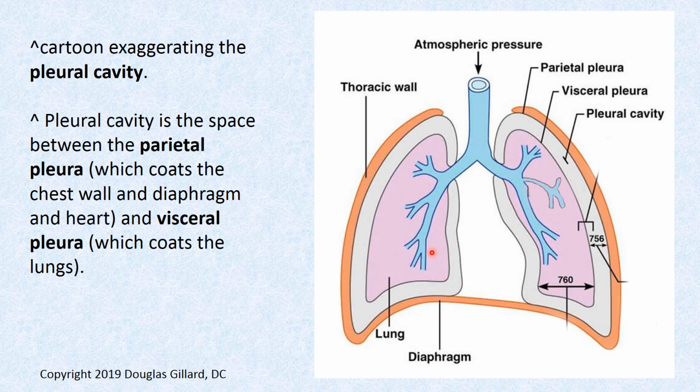Of course, it's not that big in reality, but it's similar to the heart and the abdominal cavity. It's one of the serous membrane levels, and this one's called pleura. So we have a parietal pleura on the outside and a visceral pleura stuck to the lung, and it makes a cavity. That cavity has a negative pressure inside of it, and it helps inflate the lung, sucking the lung up or out and keeping the lung inflated.